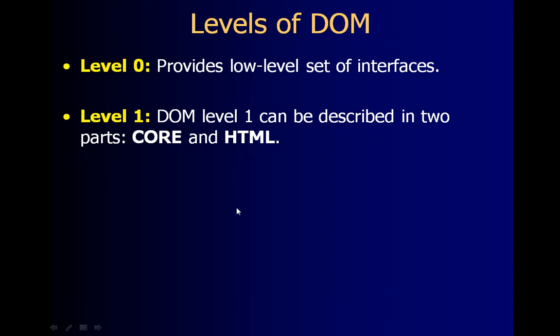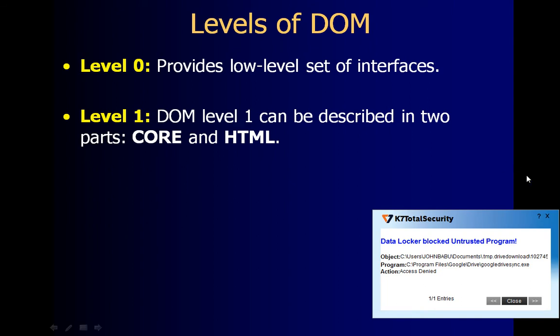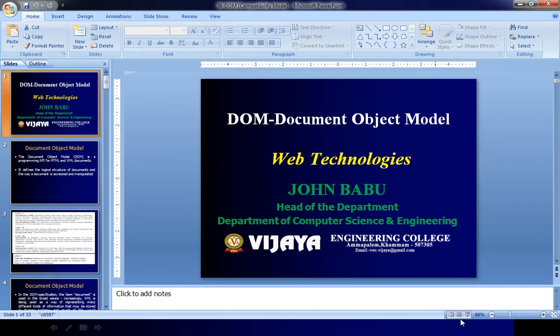Levels of DOM. Level 0 provides a low level set of interfaces. That means only forms and images we can access through DOM level 0.